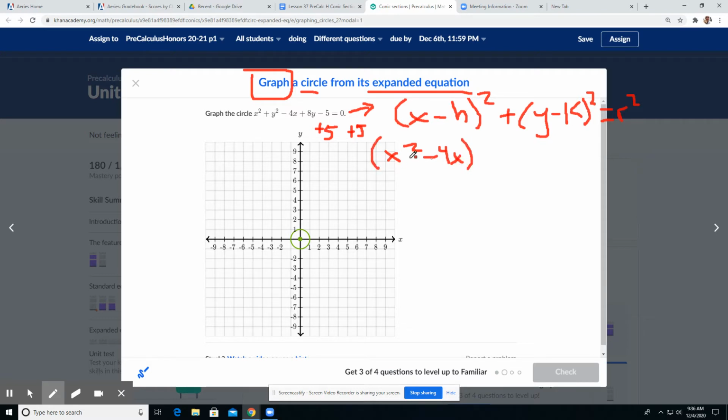It just helps us focus on that being treated with separate mathematics, plus our y squared plus 8y, and we have equals 5 because I've added it to both sides. I like to confirm that everything's been done right. X squared is taken care of. Y squared is taken care of. Negative 4x plus 8y. The minus 5 is moved to the other side. Yes, so everything's been done here.